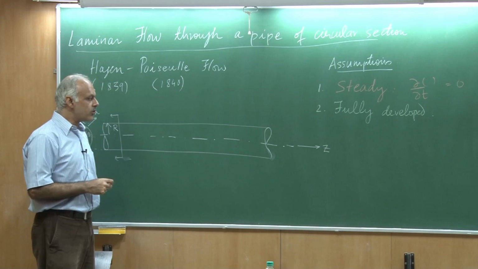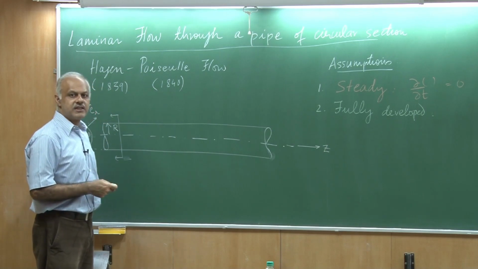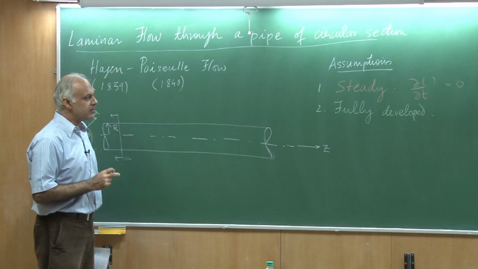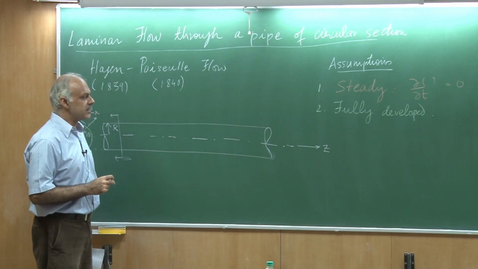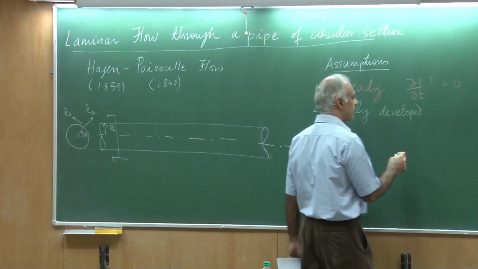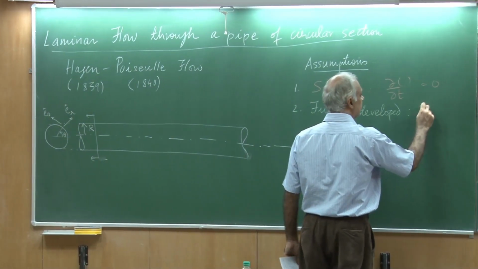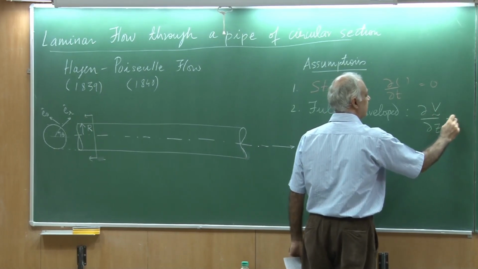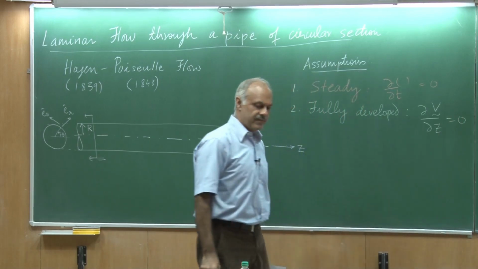What I mean by the flow not changing is the velocity field. The pressure, of course, will still change with the z direction. So fully developed means that the velocity field does not change with z, which is the primary direction of the flow. So this would imply that del v by del z is 0.